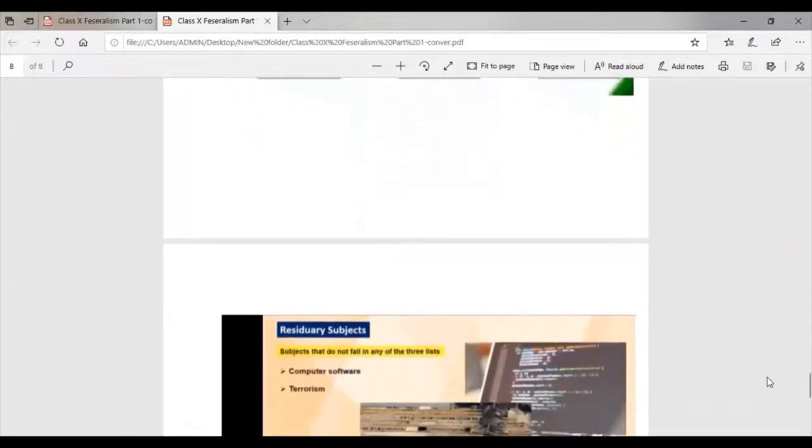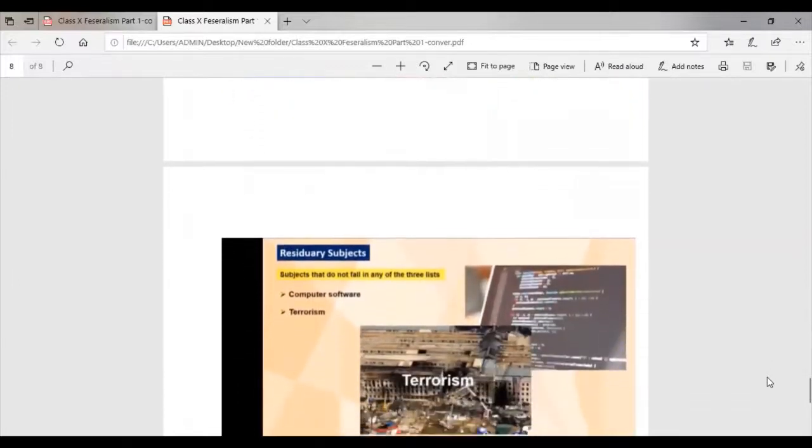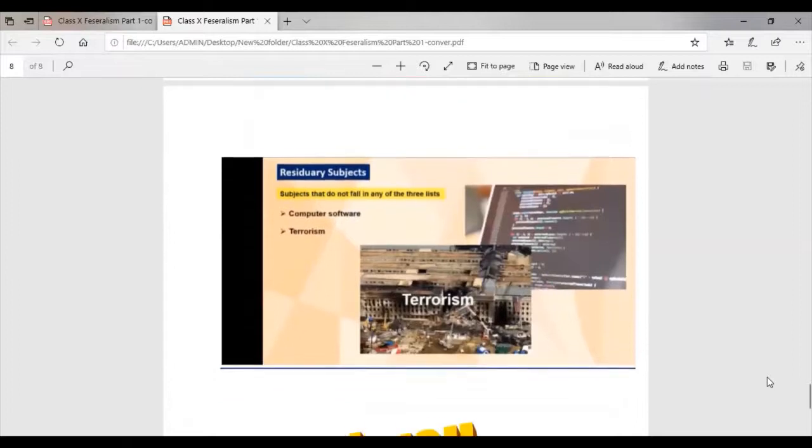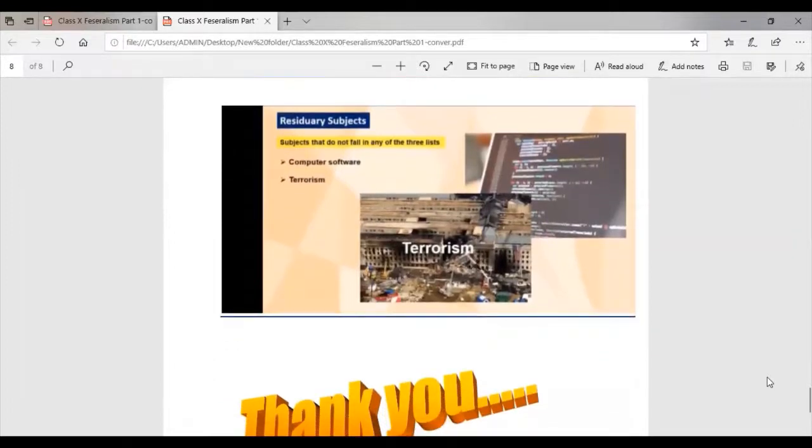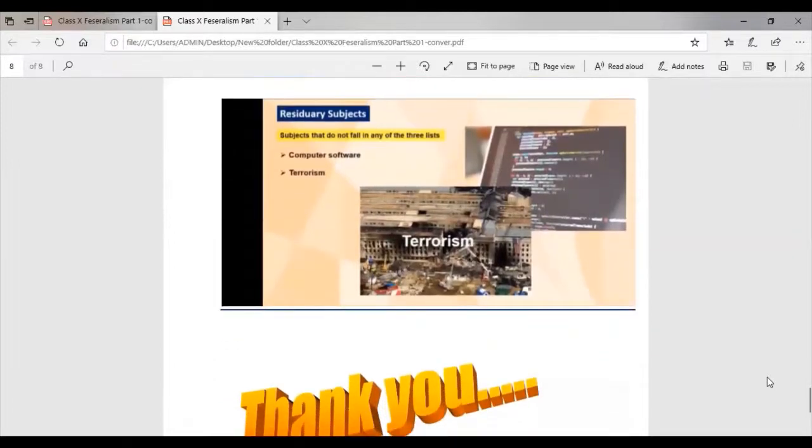What is residuary subjects? The matters which are not included in any of the three lists are known as residuary subjects. It means the matters which are not included in the union list or state list or concurrent list, such matters will come under residuary subjects. Residuary subjects are those which are newly created.